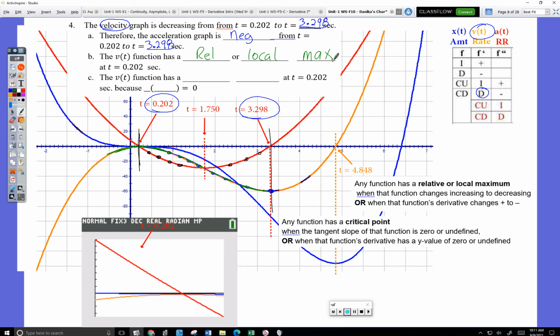If the velocity function has it, this is Maddie's question, and also Michael's. If the velocity has a relative max right here, then we know that the velocity also has a critical point right there.